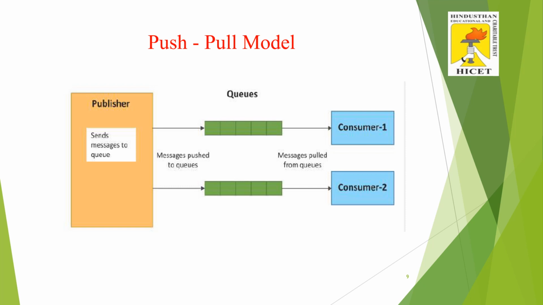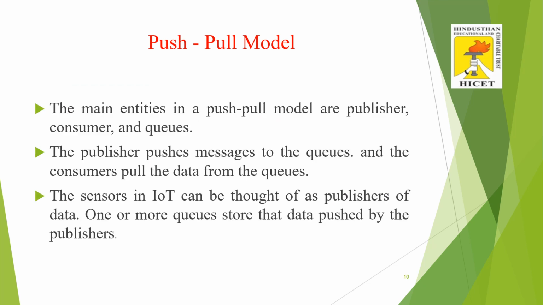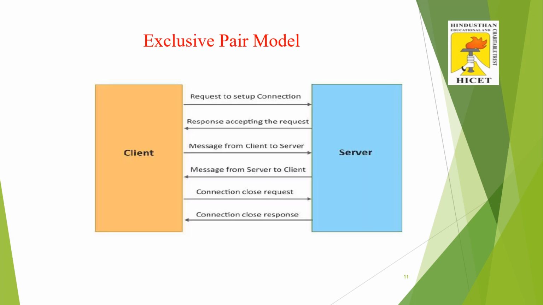So like this the push-pull model works. The publisher sends the data towards the consumers via the buffer. The queue fetches this data from the publishers and it is sent towards the consumers. This is the push-pull communication model.